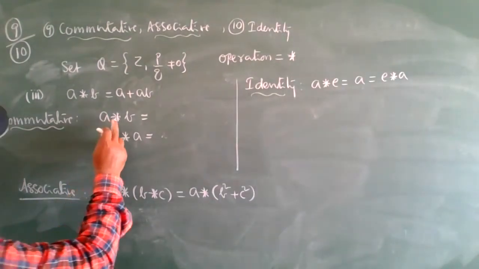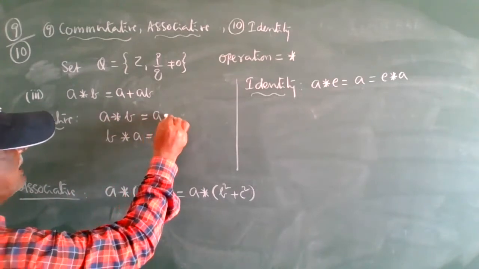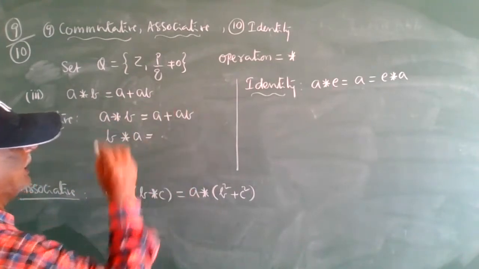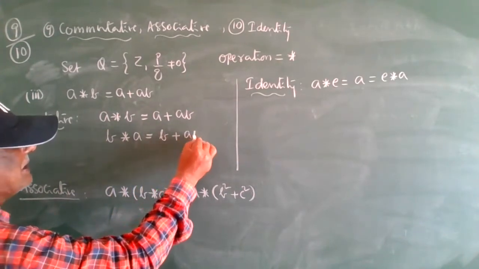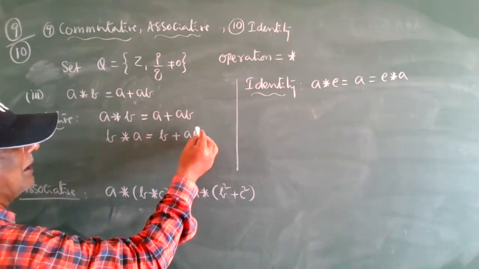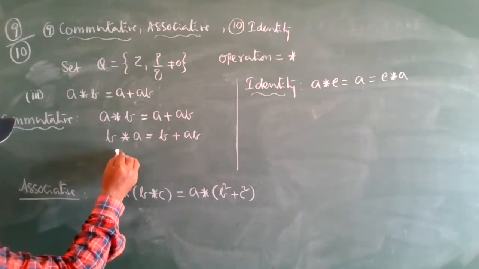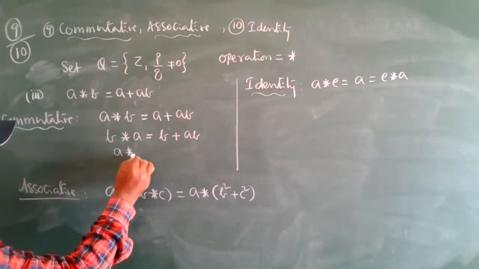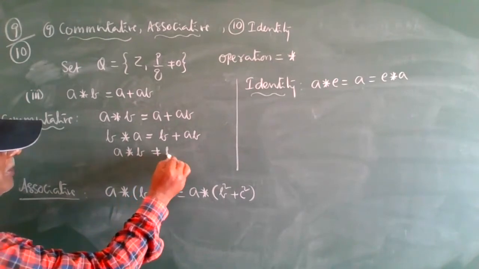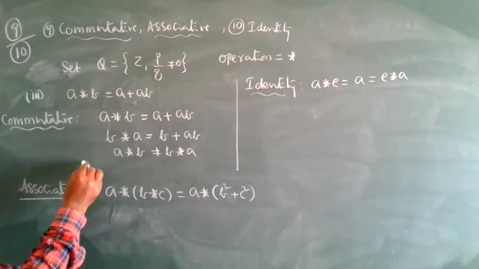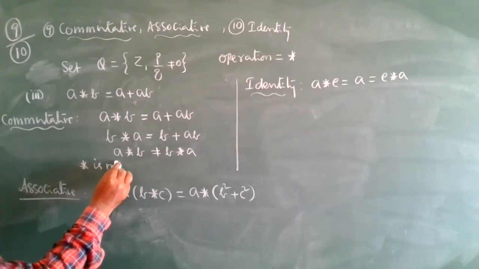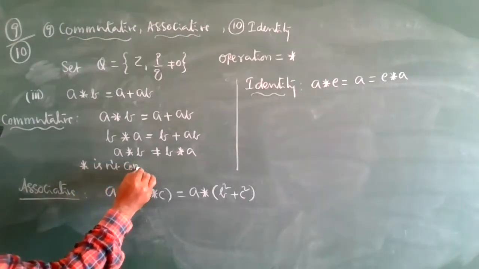Check commutative, everyone. First element plus product of first and second. Both are not equal, so A star B is not equal to B star A. Star is not commutative.